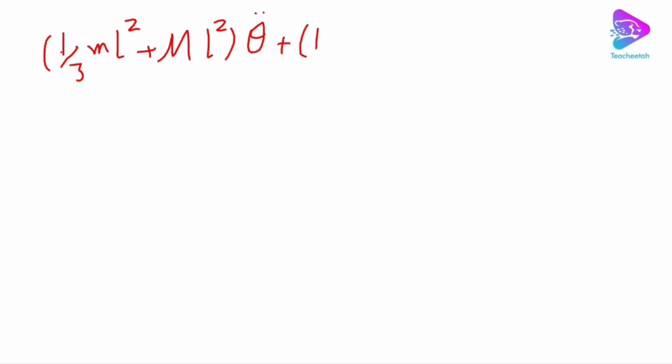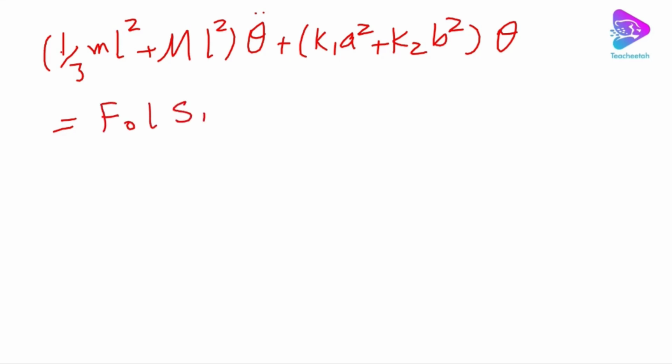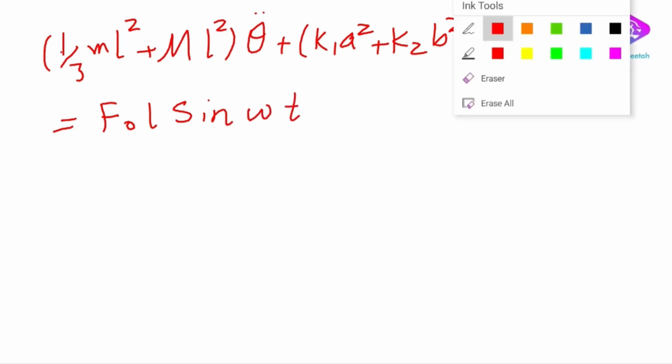If we simplify the previous equation, what we get is 1/3 of mL squared plus capital M L squared, this is J equal, times theta double dot, plus K1A squared plus K2B squared, times theta, equals FL, which is F naught L sine omega t.